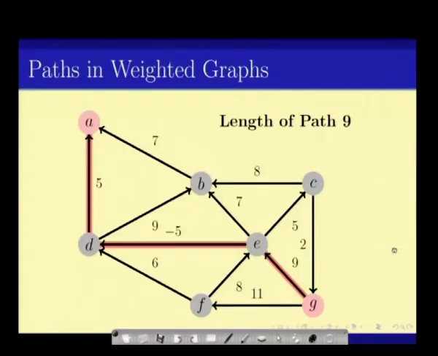Say, for example, here we can have this path again of weight 29, we can also have this path of weight 23, we can have this G F D A path of weight 22, but we can also have this path which uses this negative edge weight -5 in the middle, and then the path's length becomes just 9. So, this kind of situation can happen.